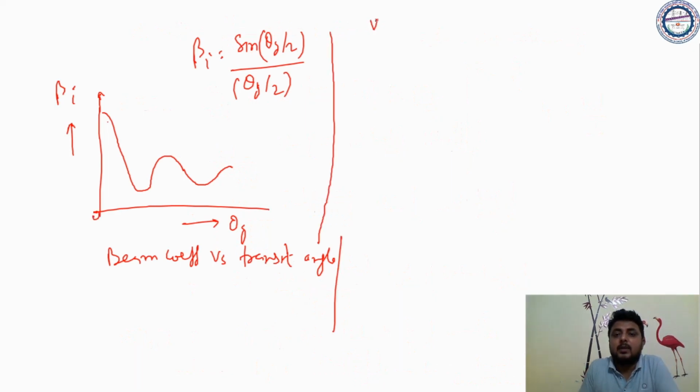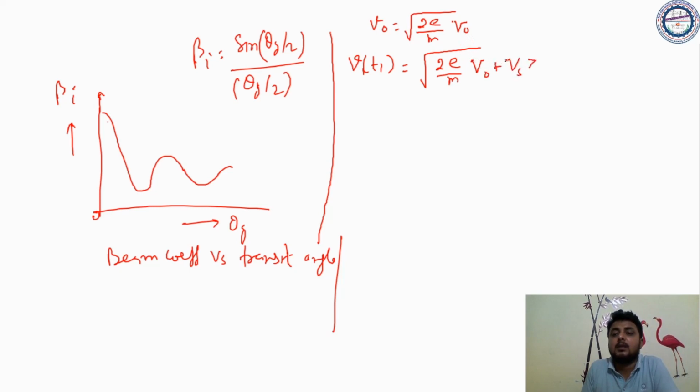Okay, so already we have v naught, which is equal to square root of 2e by m into v naught. Now to have v1, or v of t1, or maybe v1 velocity, we need to have this 2e by m, and instead of v naught we will have v naught plus vs, which is applied at the gap.